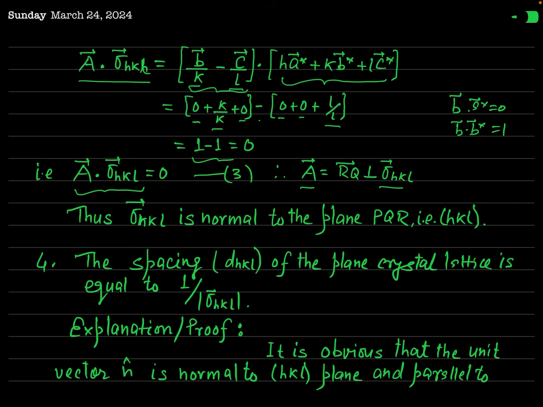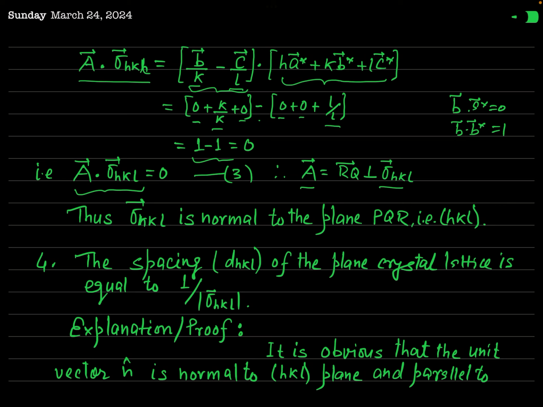Okay, so in this way we have considered two arbitrary vectors A and B in the HKL plane, and we have taken the scalar product of those arbitrary vectors lying in the HKL plane with the reciprocal lattice vector sigma HKL, and our result is 0.